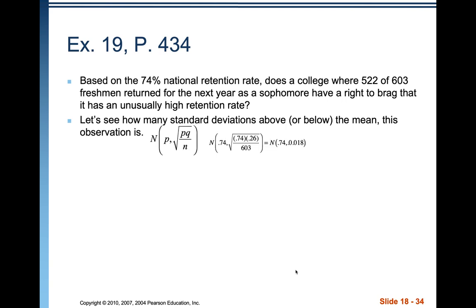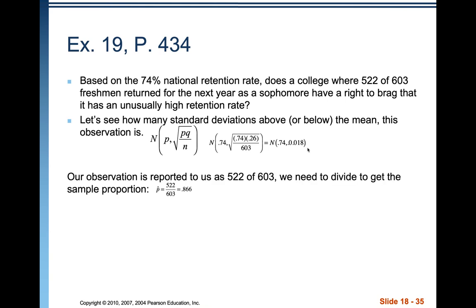All right, so here's our model again. It's at least approximately normal with a mean of 0.74. And now notice that we are using 603 as our denominator because now n is 603. It's no longer 400. So our standard deviation has changed to reflect that. And so our standard deviation is now 0.018.